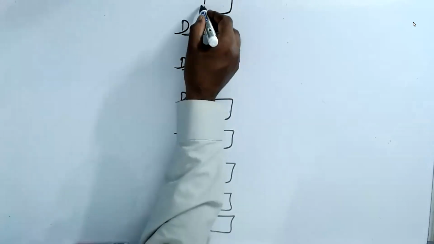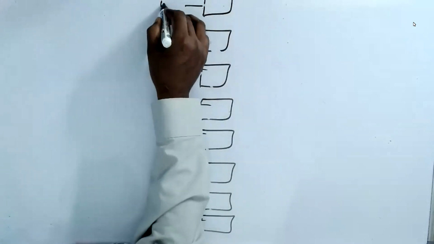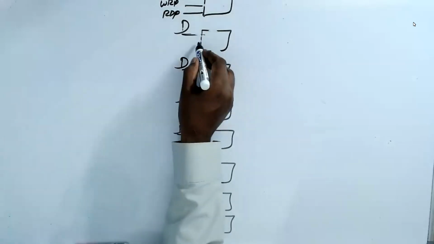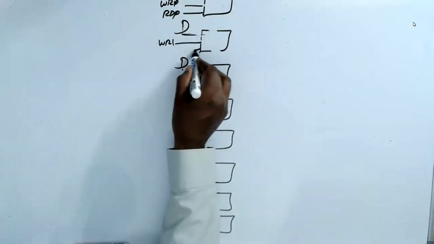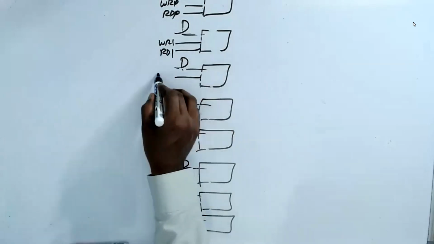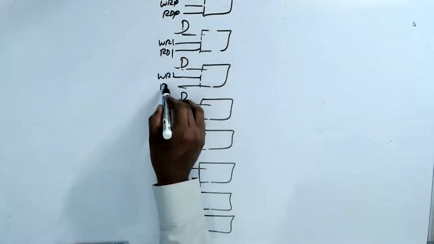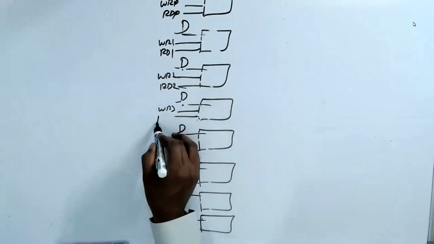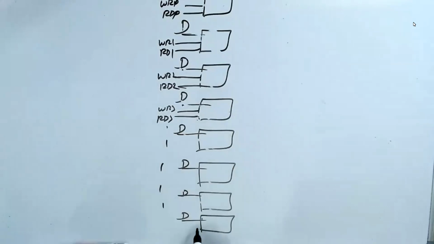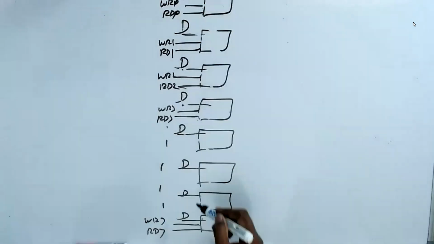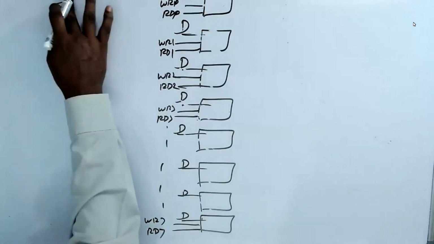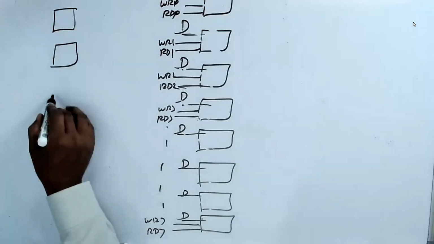Now I have signals here called write 0, read 0, write 1, read 1, write 2, read 2, write 3, read 3. Like that, this becomes write 7, read 7. I have 8. Now I have 8 combinational blocks. Please understand, I have 8 combinational blocks because I have 8 blocks.